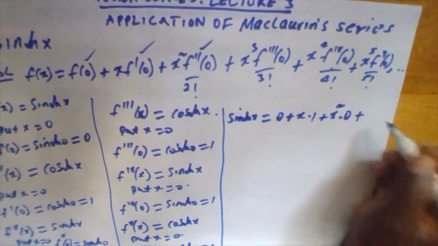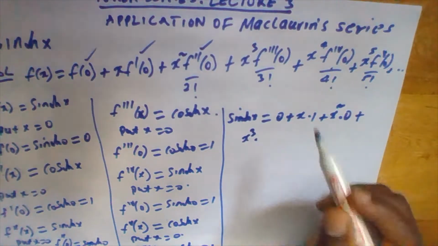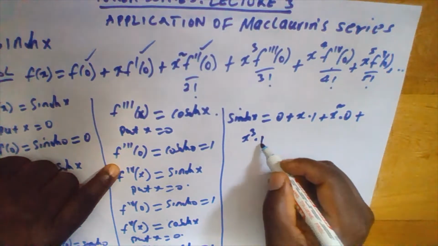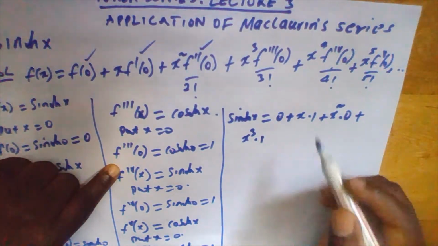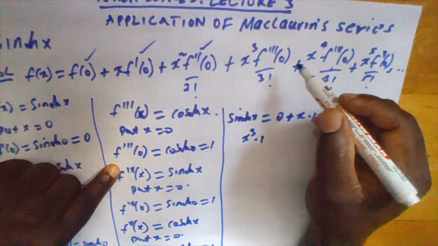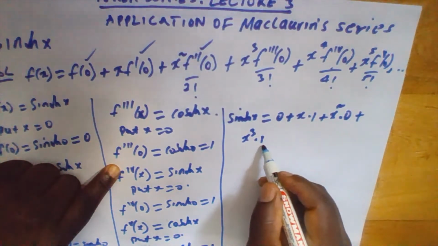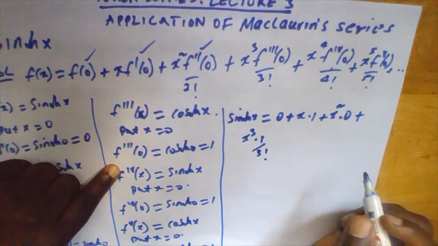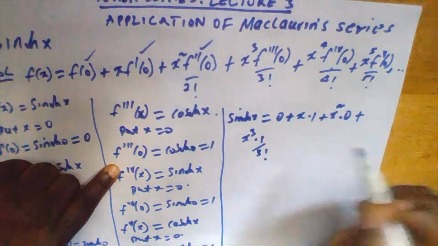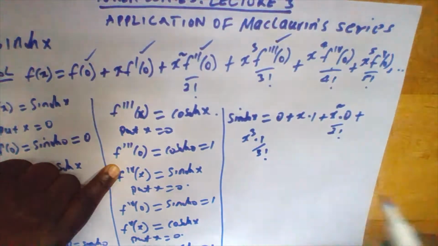Then plus x cubed times f triple prime, which is 1, times 1, but remember we have over 3 factorial, so we are done with this one.